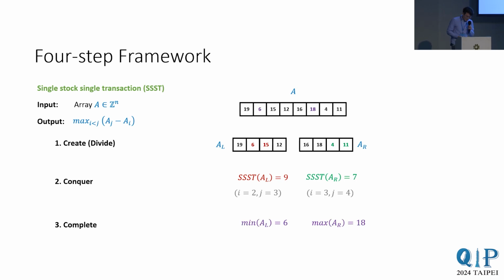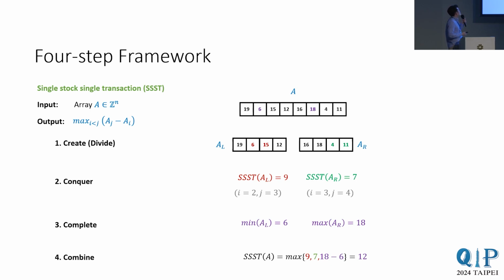Besides the conquer, if we want to solve the original problem, we have to do some side work, which we call complete. For this problem, we find the minimum value of the first half and the maximum value of the second half, and then we combine them. That's why the last step is combine. We consider all possible cases here, and it gives us the final output, 12.